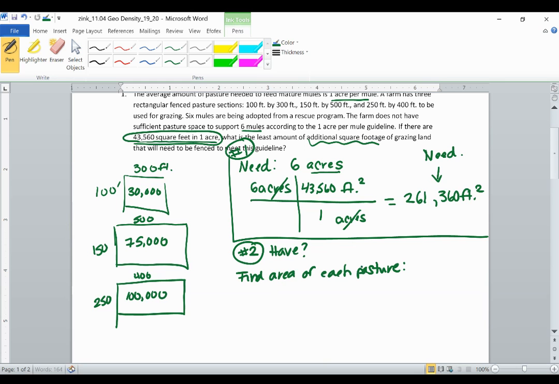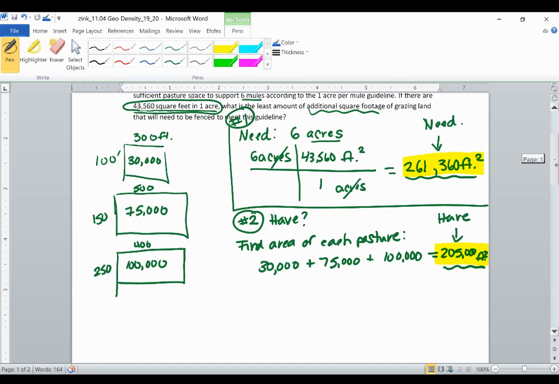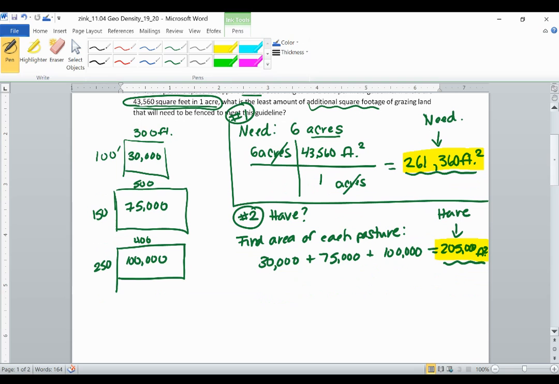So we're going to take those 3 areas, 30,000, 75,000, and 100,000, and add those up together to get a total of 205,000 square feet. Okay, so we have 205,000 square feet. We need 261,360 square feet.